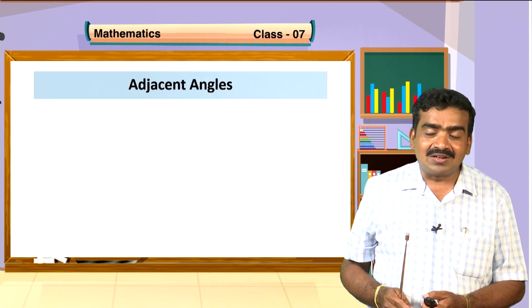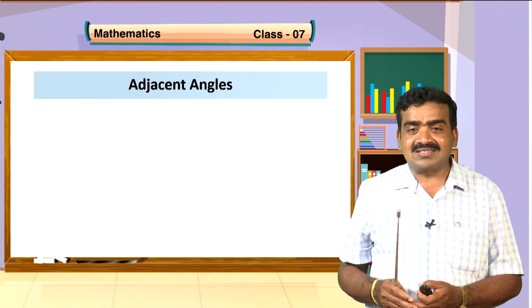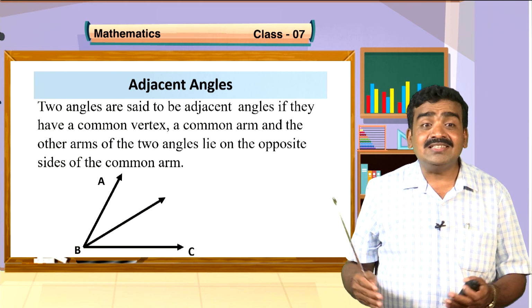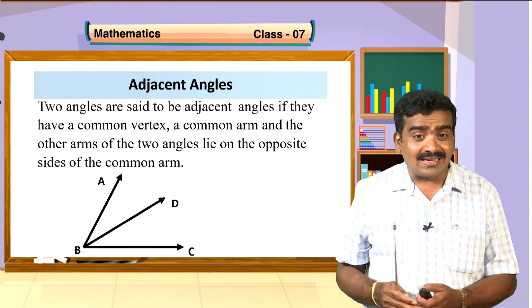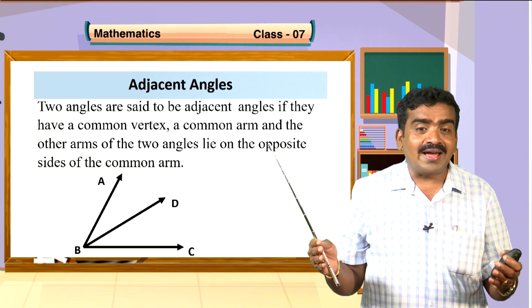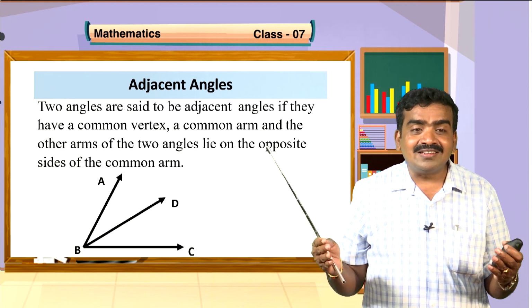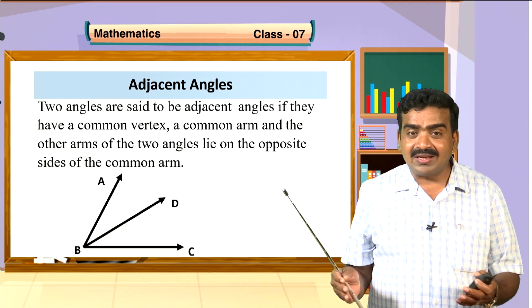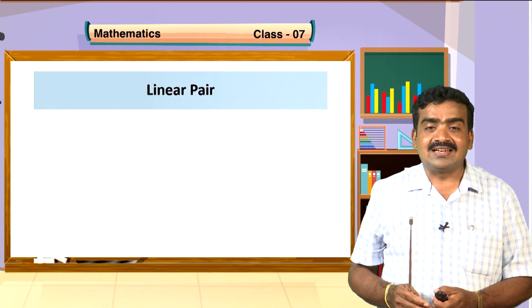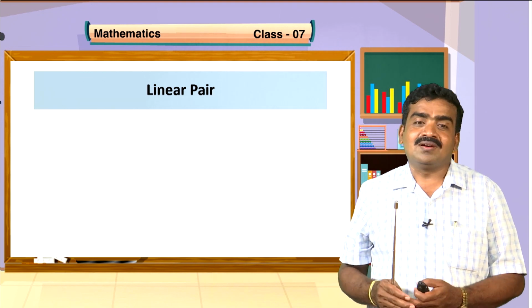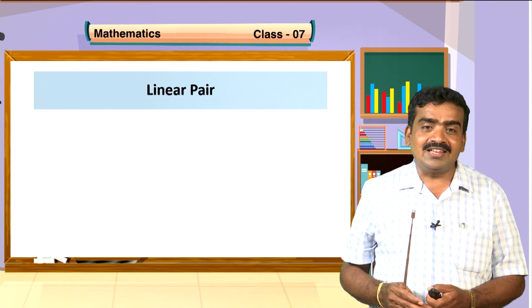Then you have also understood the meaning of adjacent angles. Two angles are said to be adjacent angles if they have a common vertex, a common arm, and the non-common arms of the two angles lie on opposite sides of the common arm. That is the meaning of adjacent angles. And you have also learnt about linear pair and you are able to recall its definition.